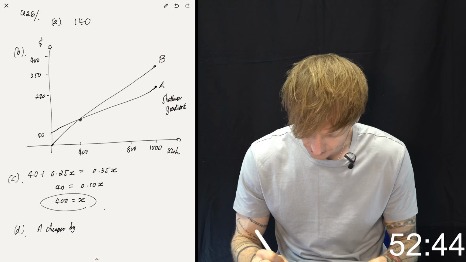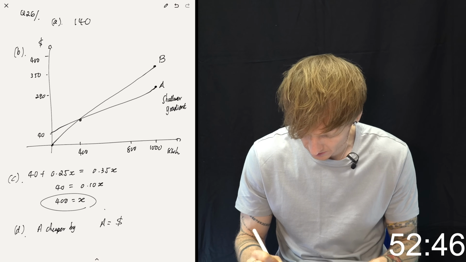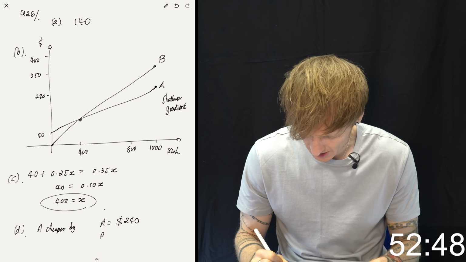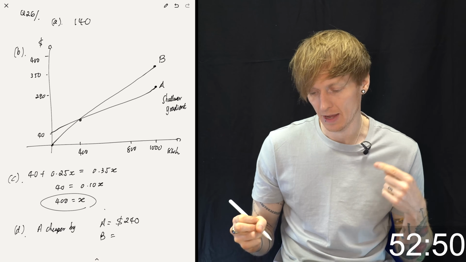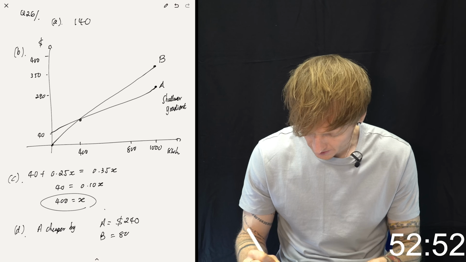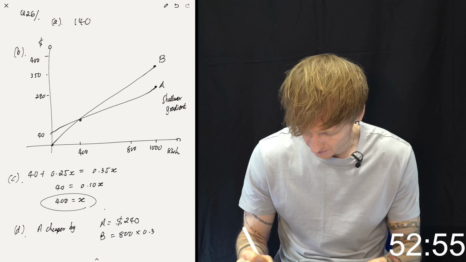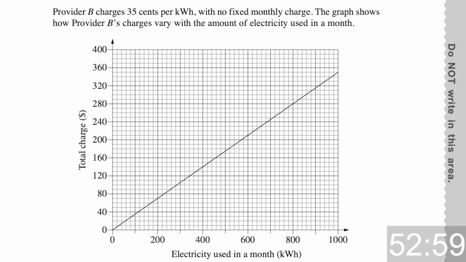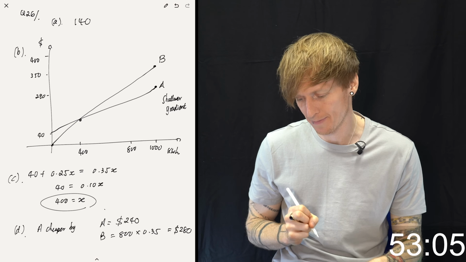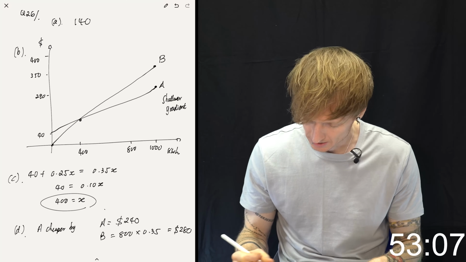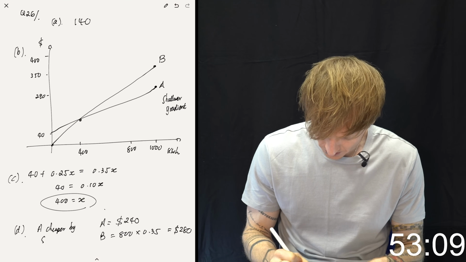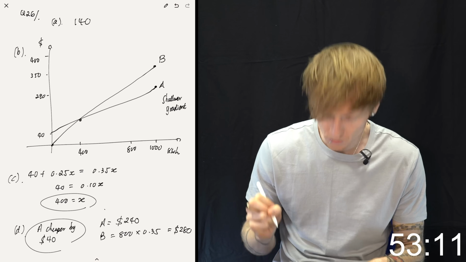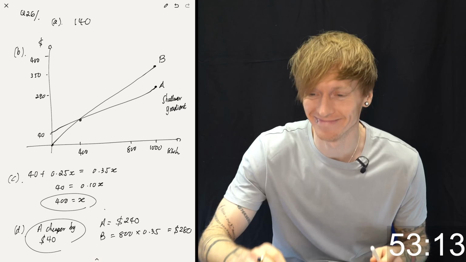So A equals $240 for that amount. And B would be 800 times 0.35, which I can probably read off the actual graph, can't I? I can, great. Because that's going to be $280. Do I agree with that? I do agree with that. So A cheaper by $40. Woo! Save you some money.